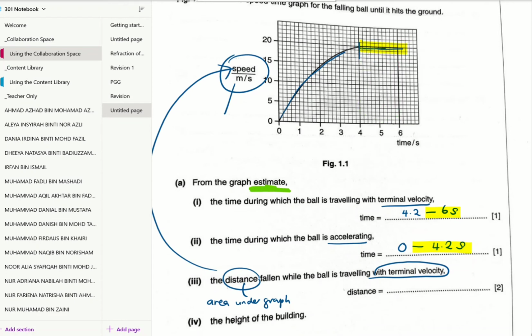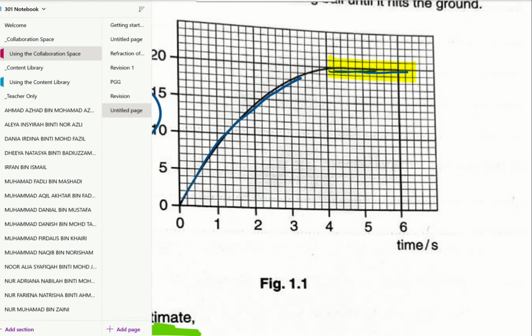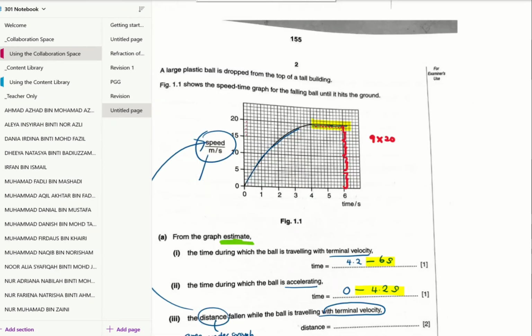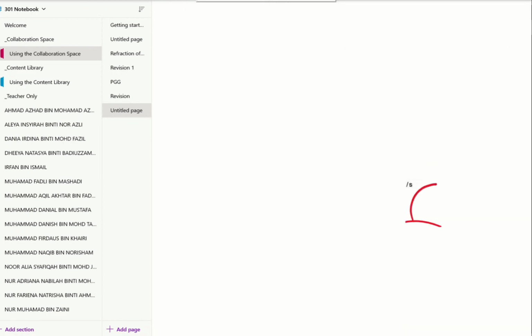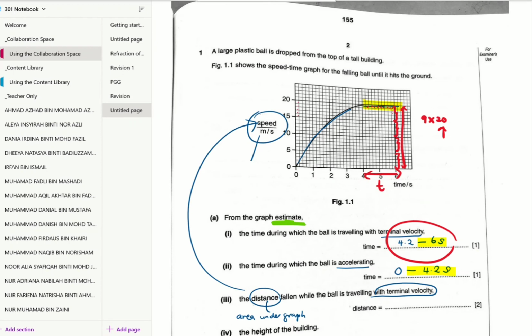So we can just count the boxes, or just refer to the graph. If you look at the diagram, 6 minus 4 on the time axis. Oh, it's not 4, it's 4.2, because we cannot start from 4.